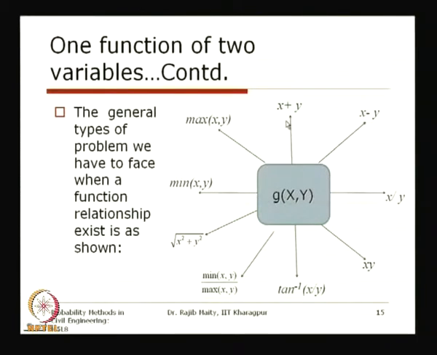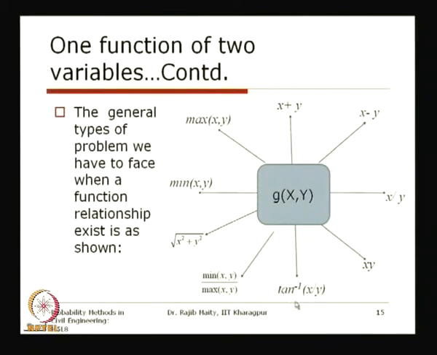The first is the summation, X plus Y, the sum of the random variables involved, or it can be the difference, X minus Y. Similarly, it can be the ratio, X by Y, or their product, XY.